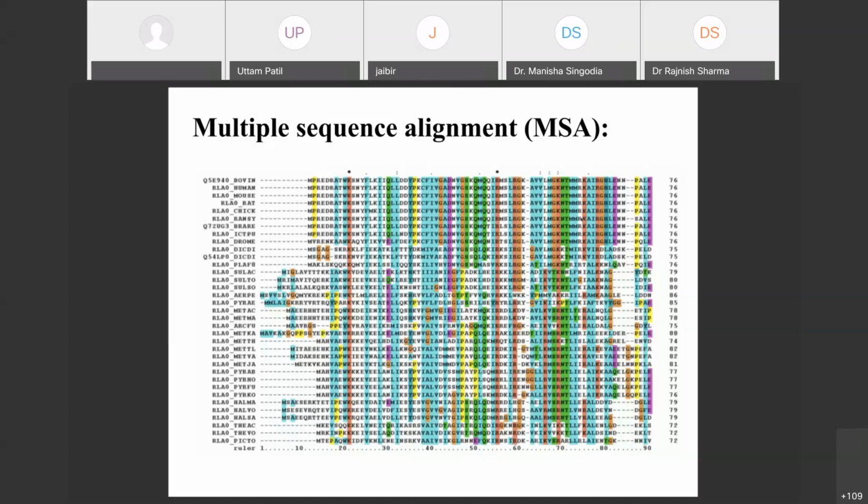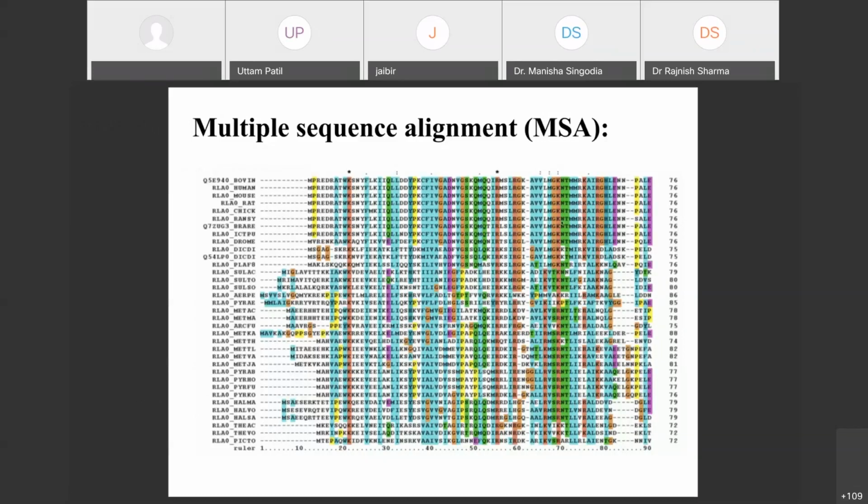For example, if you see here in this particular block, you see there is a lot of green, NT, NT, NT. So you have a lot of NT in the whole alignment. So you can say, okay, probably this particular type of residue, threonine, is required at this particular position, and that might have some kind of role.